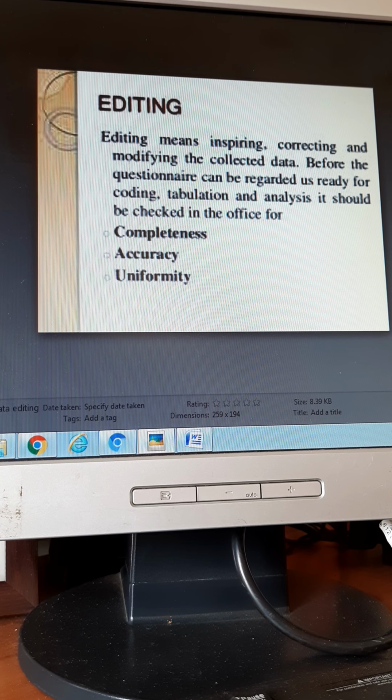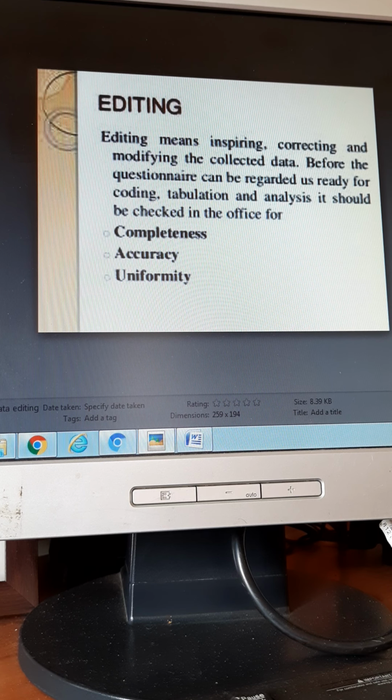So that is seeing that the questionnaires are complete. And accuracy is cross-checked by giving a call and doing a spot check. And uniformity, whether there are any aberrations in the data.